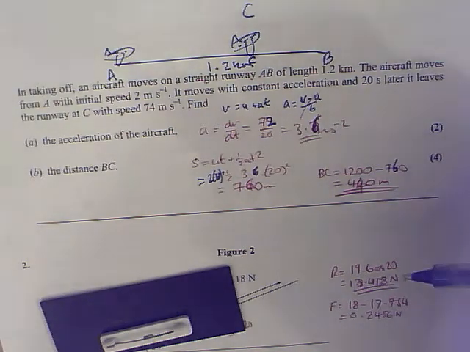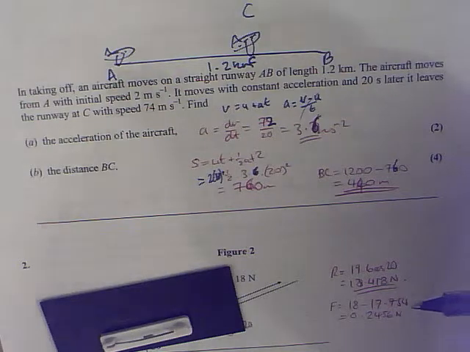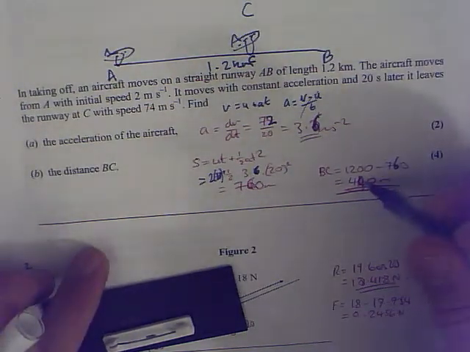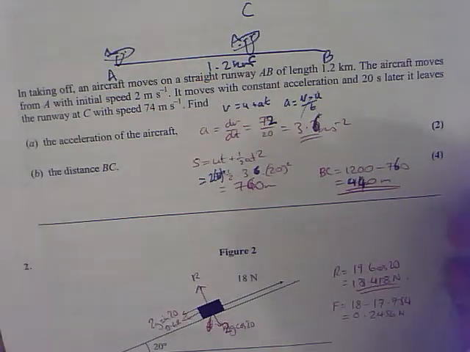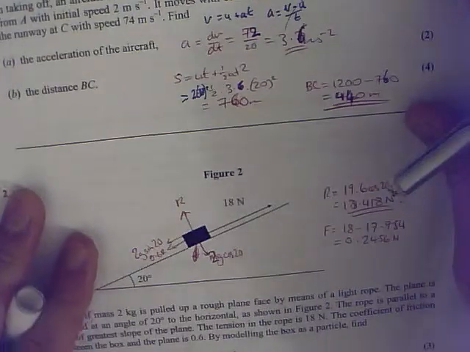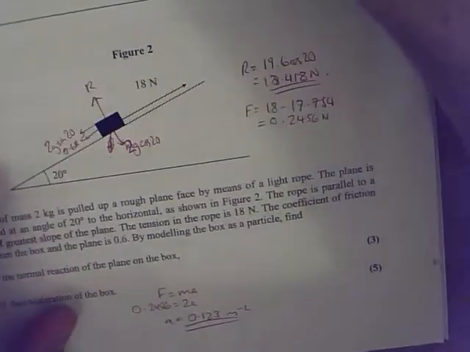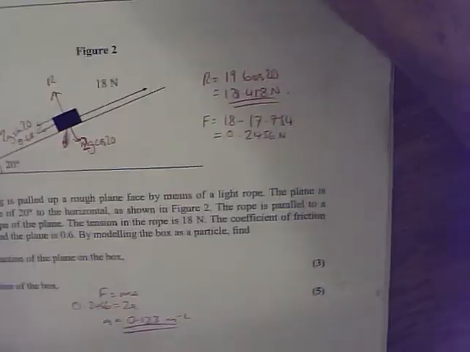The answer you get is 760, and that gives you the distance from A to C. You then subtract that from 1.2 kilometers, which equals 1200 meters, so 1200 minus 760 gives you 440. I should have corrected my working before I showed it. Never mind. Hopefully that makes question one clear.